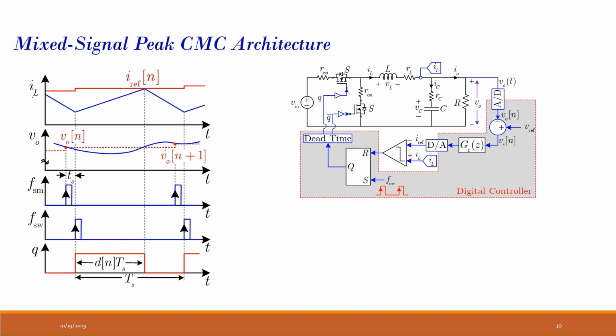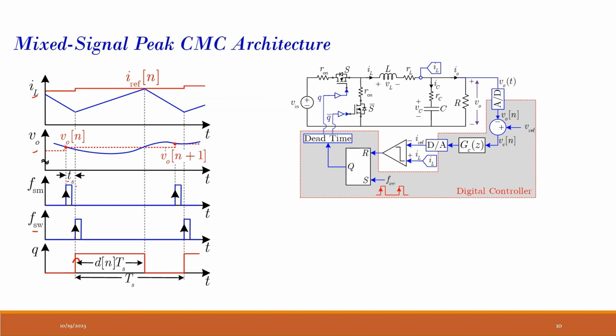So this is my inductor current, this is my output voltage. I take the sample of the output voltage prior. So this is my switching frequency clock to turn on my gate signal. Okay, so this comes over here. Before that happens, TS time prior to that, I will take the sample of my output voltage, and I give TS time delay.